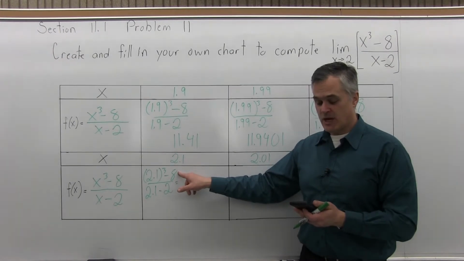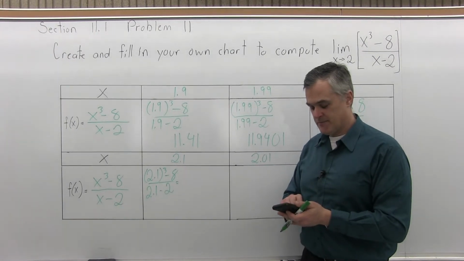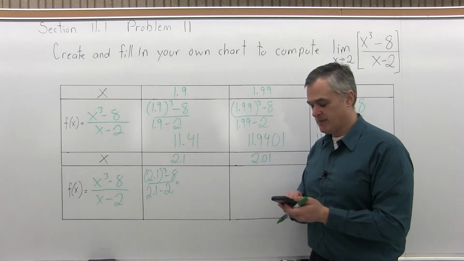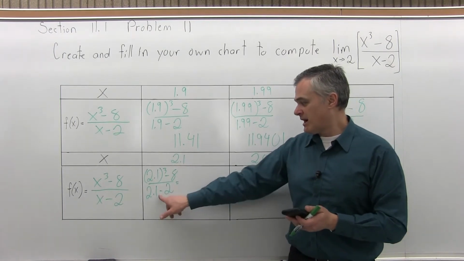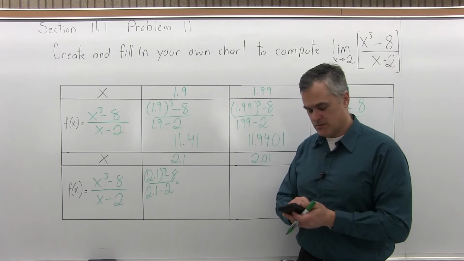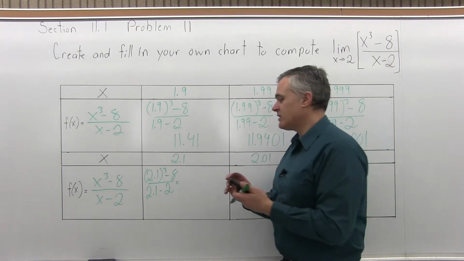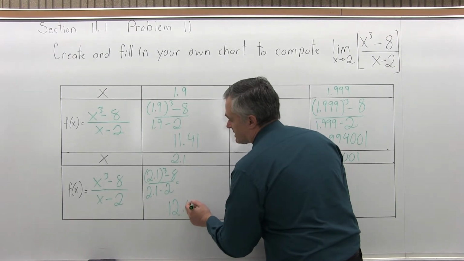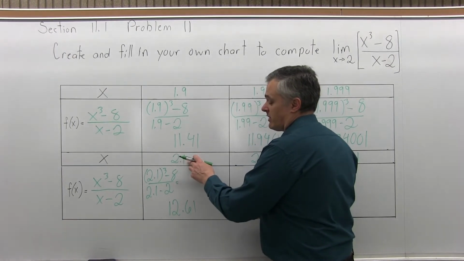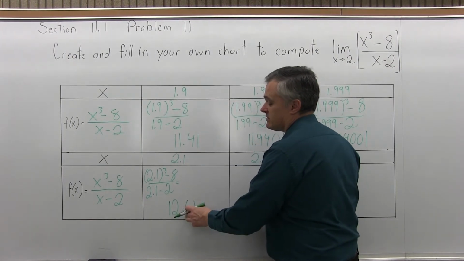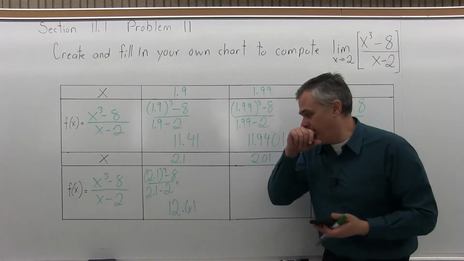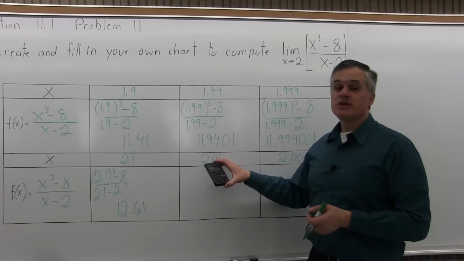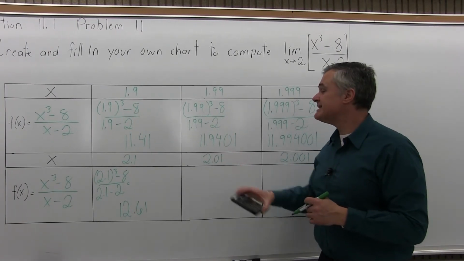I'm going to do 9.261 minus 8. The numerator is 1.261. Divide that by what's going to be 0.1. And I get 12.61, which is fairly close to 12. So again, I'm using an input that's close to 2, 2.1, and I get an output that's close to 12, 12.61.